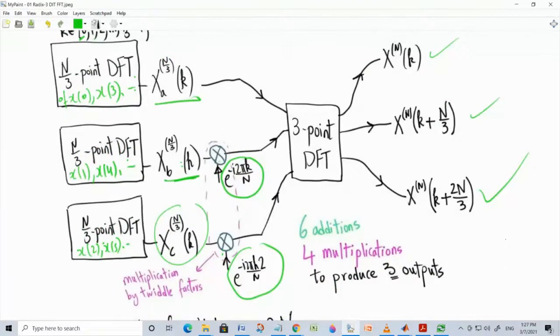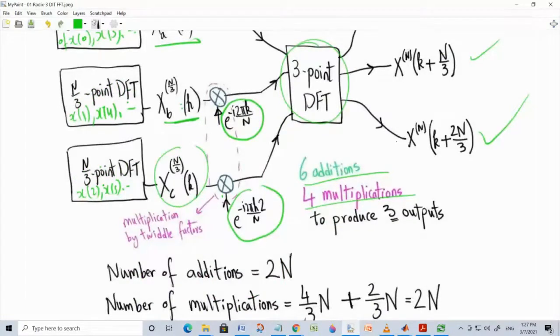Okay. Now, what is the complexity of merging those results into the required DFT? Well, what is the complexity of this block? 6 additions, 4 multiplications. So we need this to produce 3 outputs. Okay, so to produce 3 outputs.